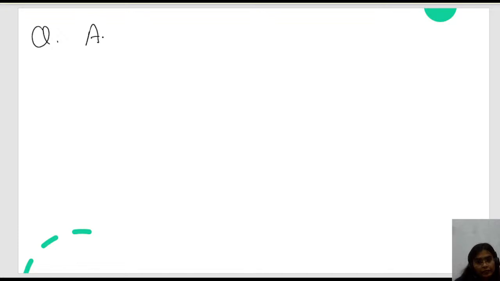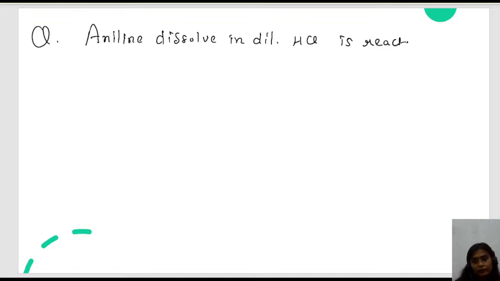Question: aniline dissolved in diluted HCl is reacted with sodium nitrite at 0 degrees Celsius.